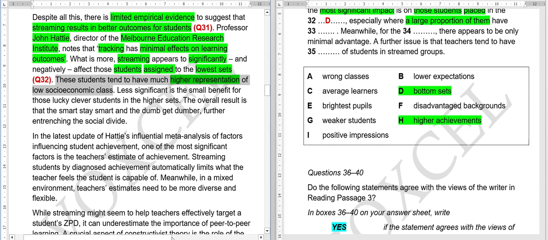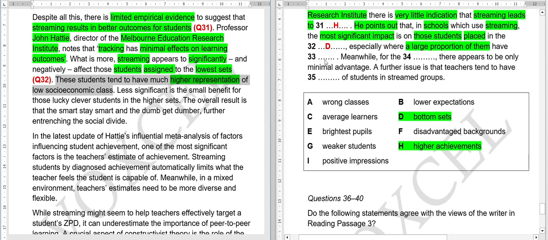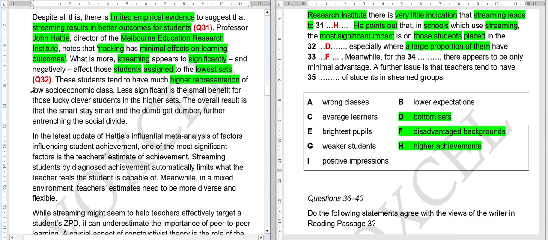Okay, time's up, and the answer to 33rd is, let me mark it here. Drum roll, please. Option F, disadvantaged backgrounds. So here we have found the answer. Sorry about that. Let me correct this also. Instead of this, we have to do this.